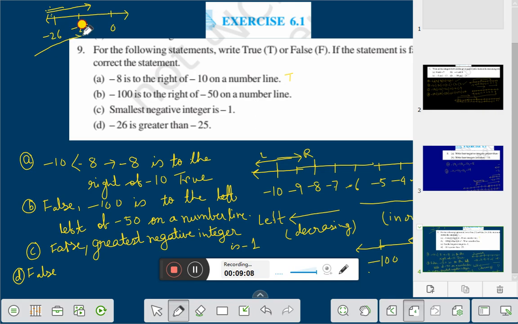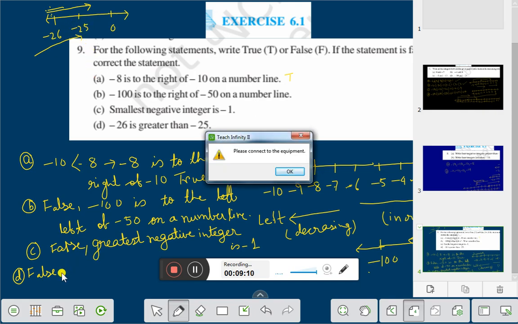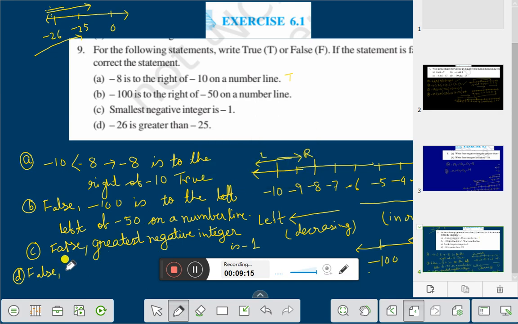Therefore, you can say that minus 25 is greater than minus 26. Right? Again we are repeating once again.